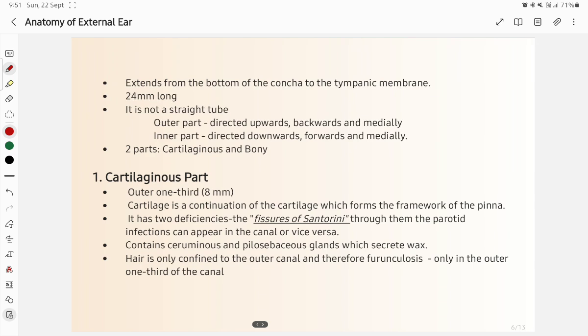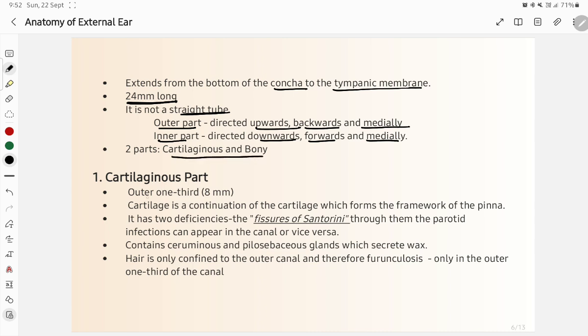So let's do a quick recap of what we learned till now. The EAC extends from the concha to the tympanic membrane. It's 24 mm long and it's not a straight tube, right? The outer part is directed upwards, backwards and medially. The inner part is directed downwards, forwards and medially. It has two parts, cartilaginous and bony.